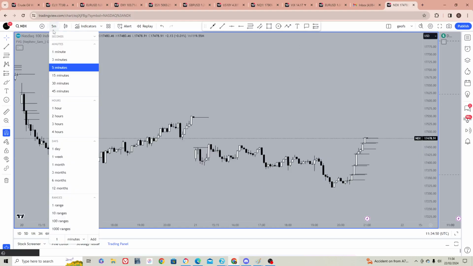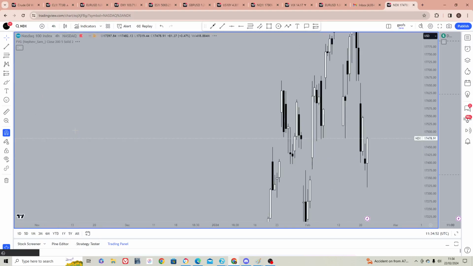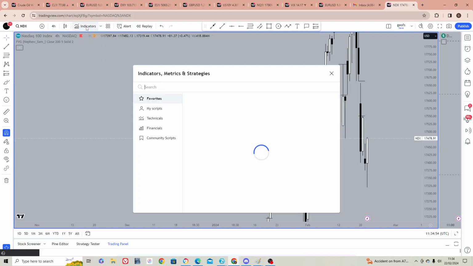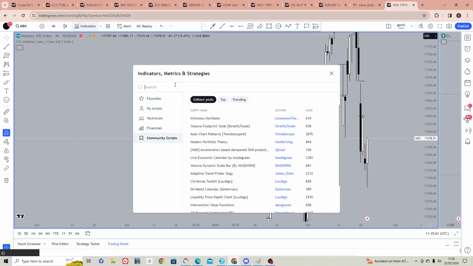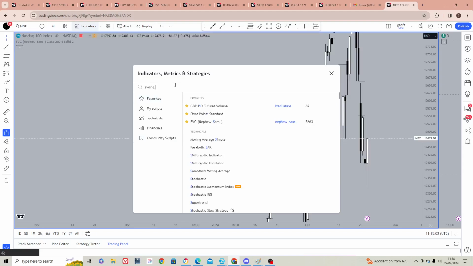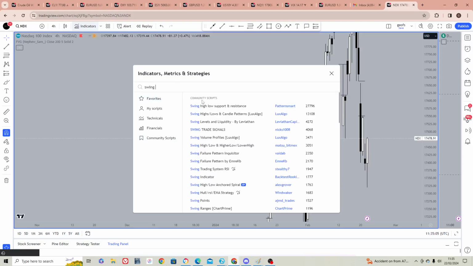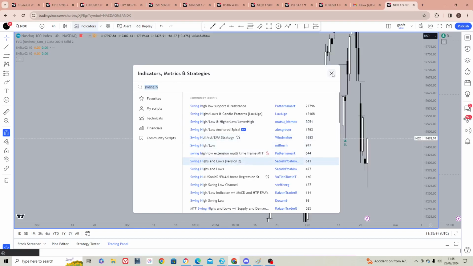Now let's just double check on swing structure and all time frames. This is my favorite one, Swing Highs and Lows by Satoshi.